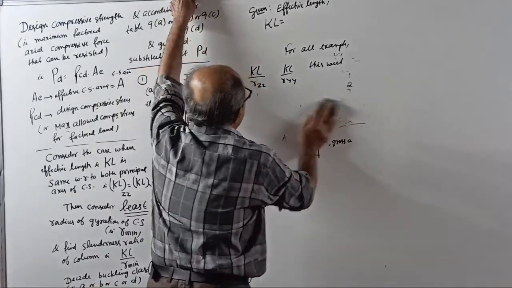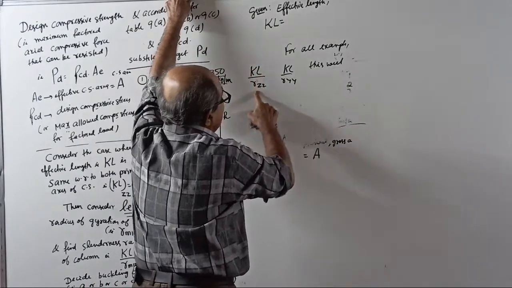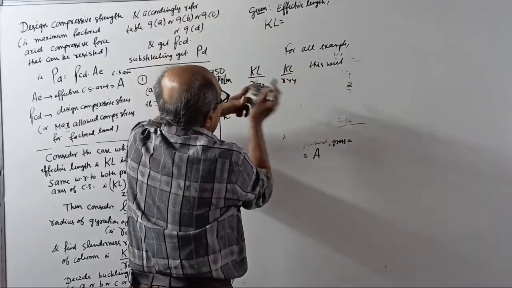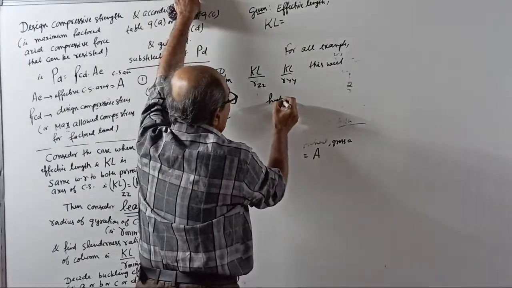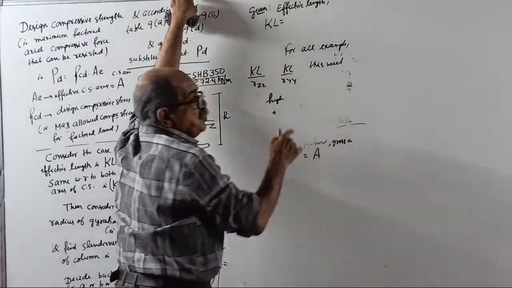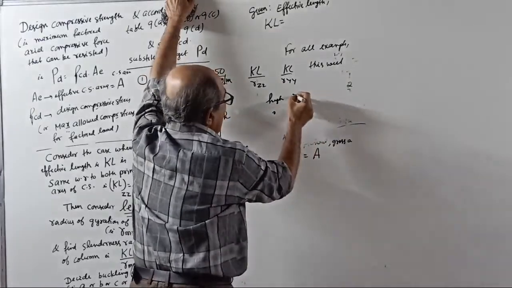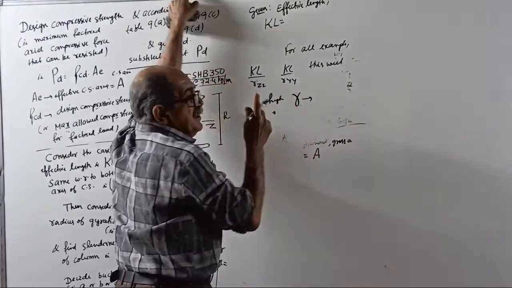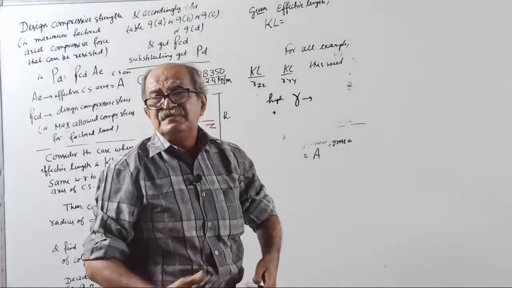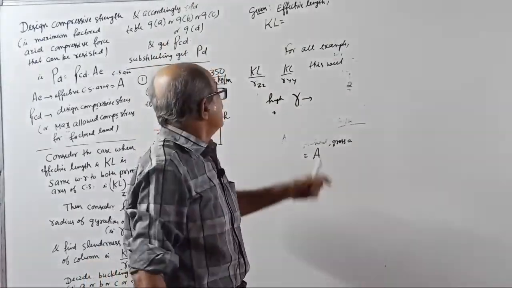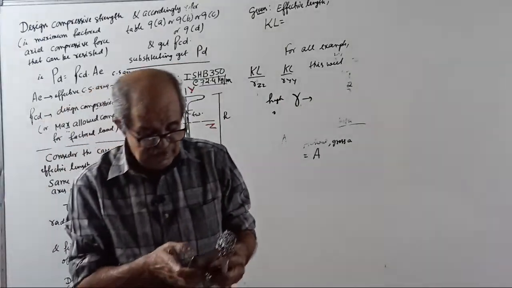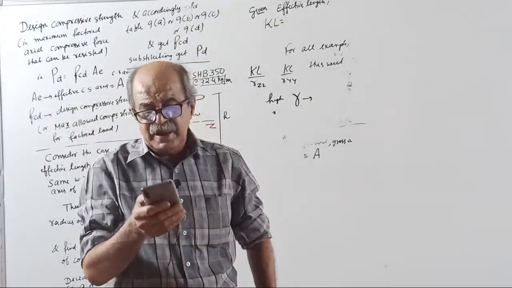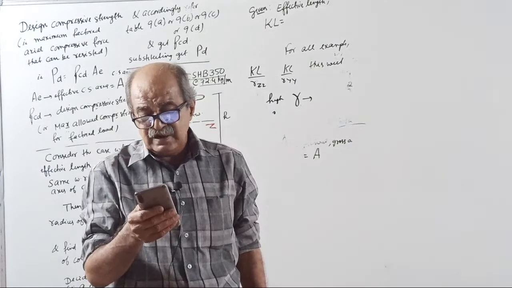Therefore, you find KL by RZZ, KL by RYY, and then consider whichever is higher in value, or critical. Critical is when R, the denominator, is more or lesser? This you know from strength of materials.